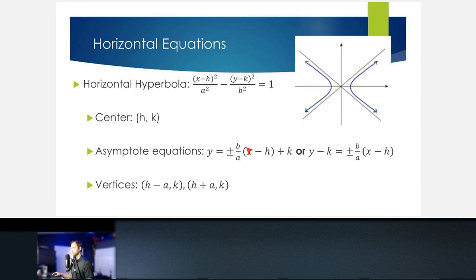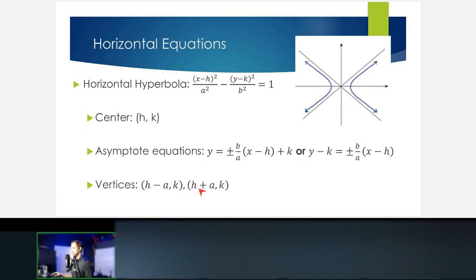The vertices, this is really nothing new. From the center, h comma k, to get to this point and to get to this point, all you're doing is subtracting a from h, or adding a to h.